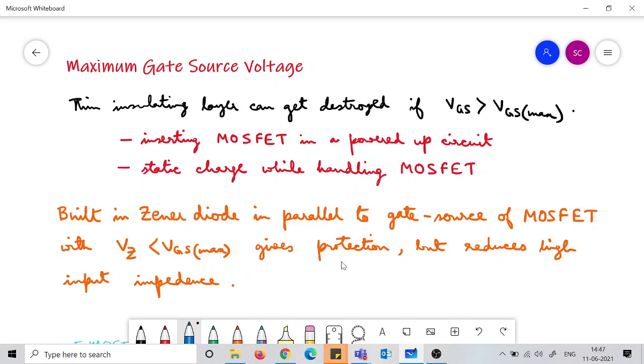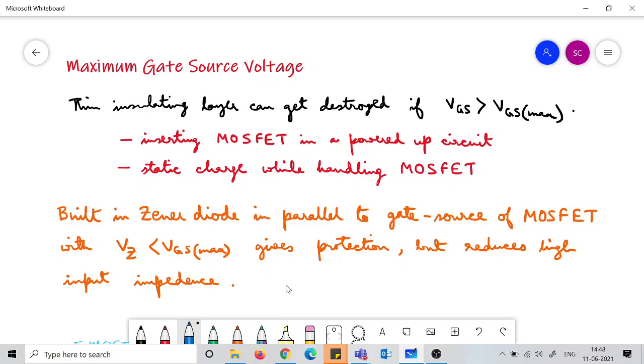This gives protection, that is true, but it also reduces the high input impedance, because there is some Zener current in the gate-source circuit. Sometimes it is beneficial that MOSFETs are available with the Zener diode; there are also MOSFETs available without the Zener diode.